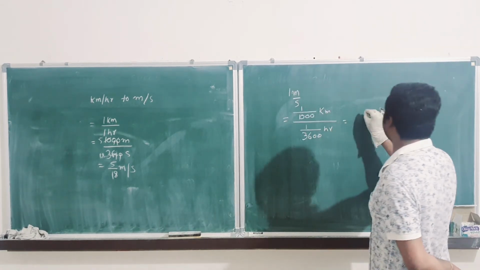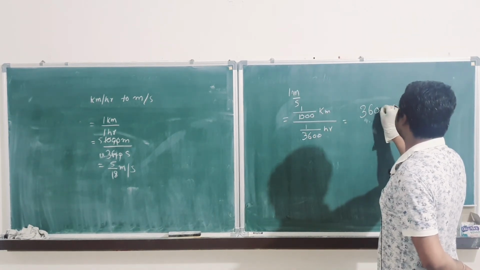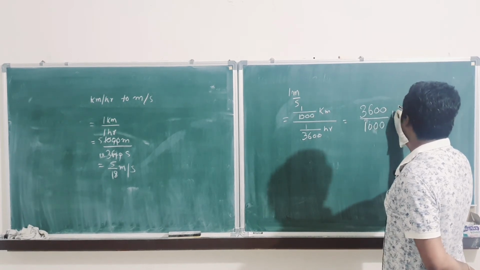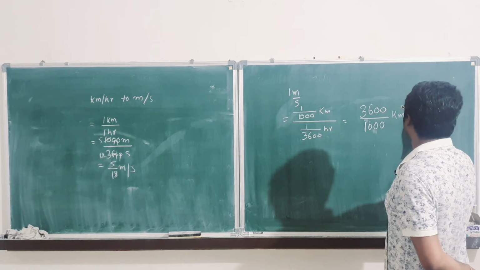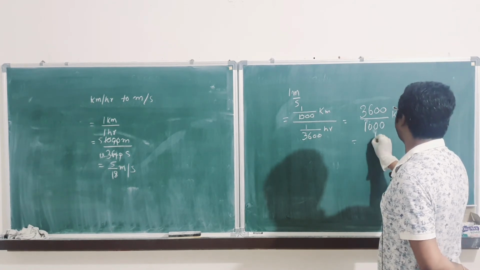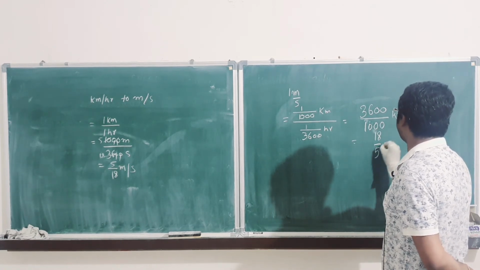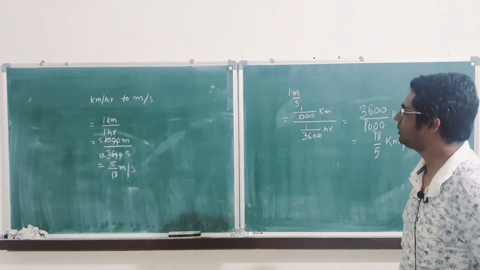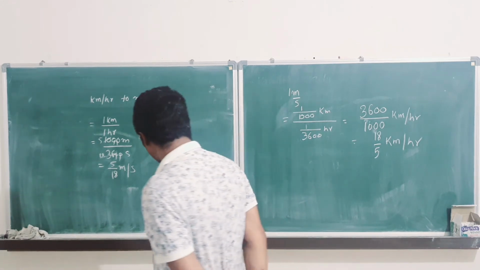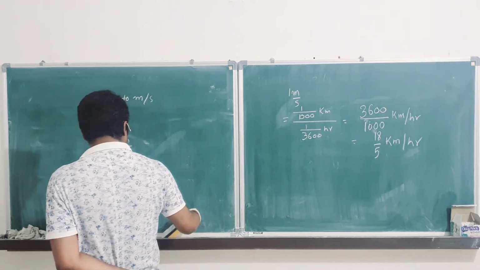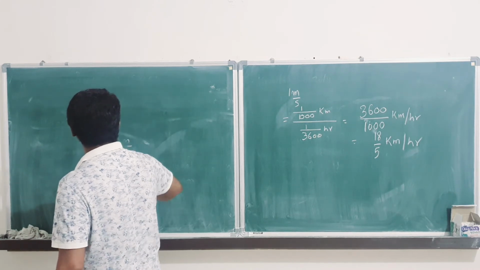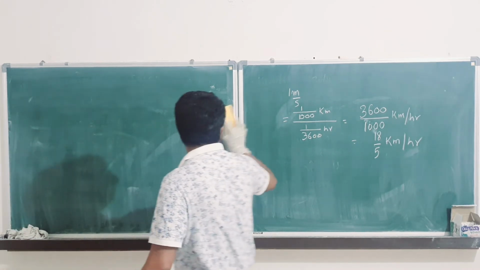Now this 3600 will come up, so 3600 by 1000 kilometer per hour. So this will be 18 by 5 kilometer per hour. Clear? So this is how you do these conversions and nothing else. So don't get afraid, just do it normally. These are very easy conversions.